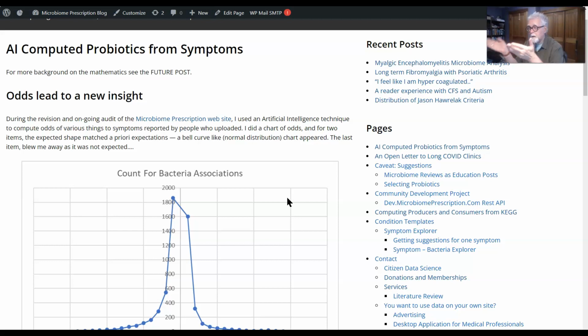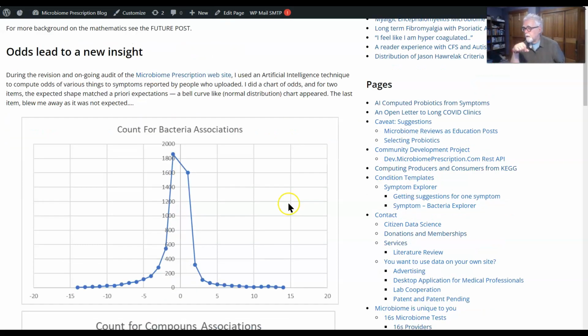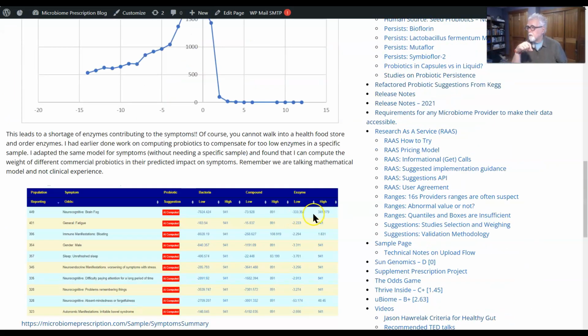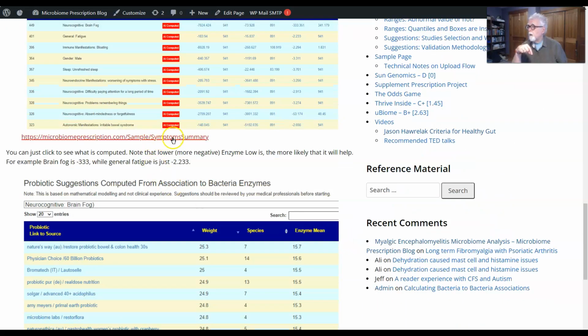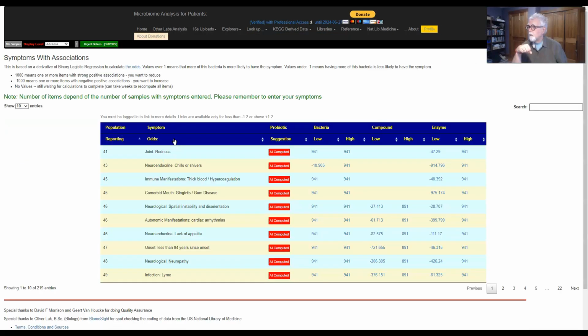And why? Well, the reason is pretty simple. When you take a look at the details, the information gets overwhelming. Let's just go back to the symptom summary page. So here you notice we have a blank. That means there are no associations found with compounds connected with joint redness.